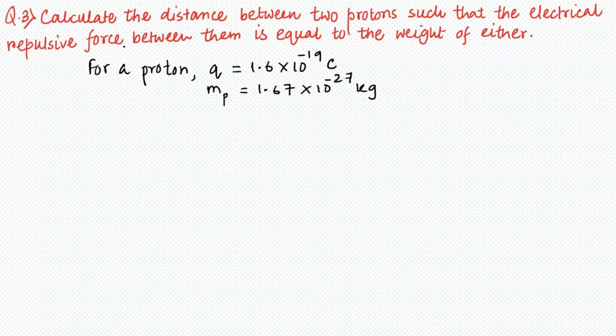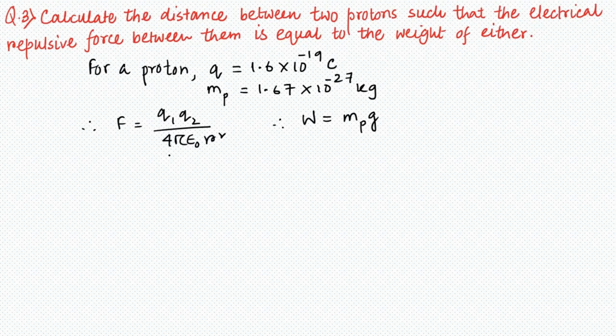Okay, now according to this question, the weight of one of these protons is equal to the repulsive force between them. Okay, so we know that Coulomb force F is equal to Q1 Q2 by 4 pi epsilon naught r square, and the weight of this would be mp into g, mass into acceleration due to gravity, right?